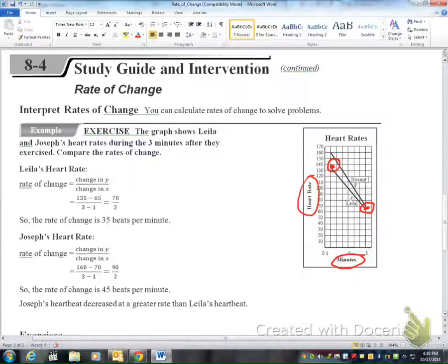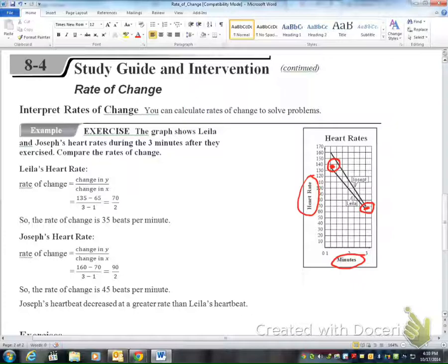So here, and actually in this example, they don't come up with a negative value. They really should, though. This is really a negative rate of change. They're just talking about what rate it changes, but I like to think of it as negative because the heart rate is decreasing.